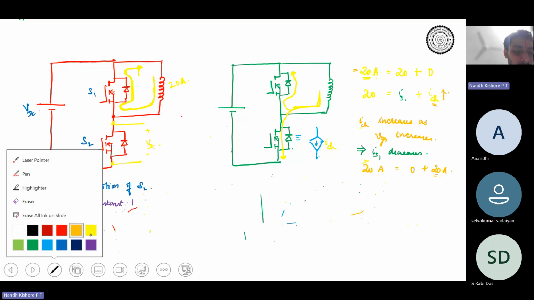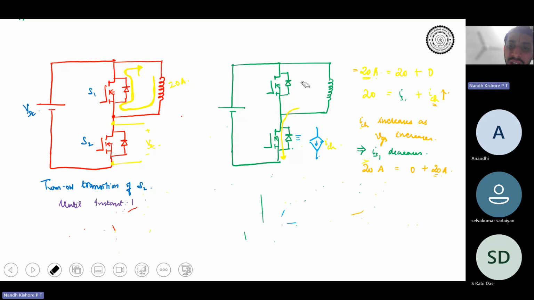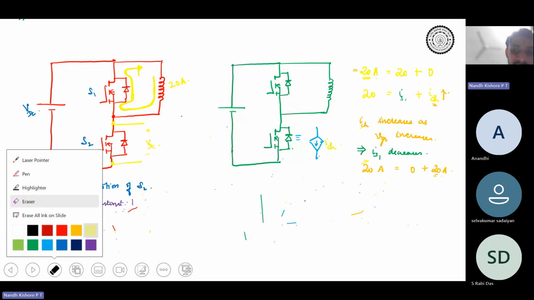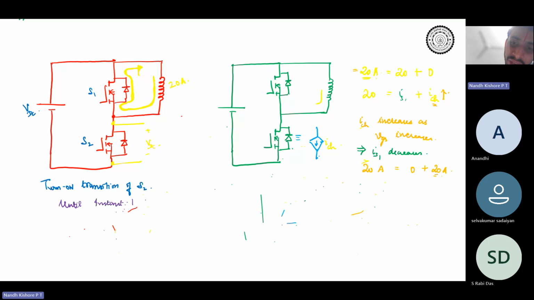Yes, sir. So initially we said the current is getting split, right? At the end of this interval, you would see that the entire current has transferred to the device being turned on, S2. Initially the current was like this; the entire current gets transferred to the other device.